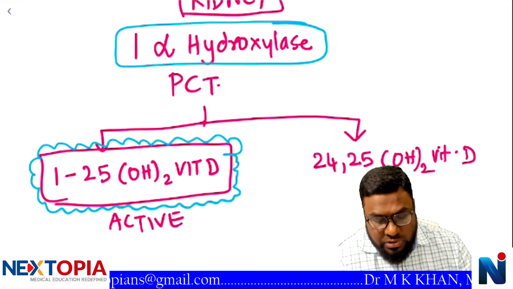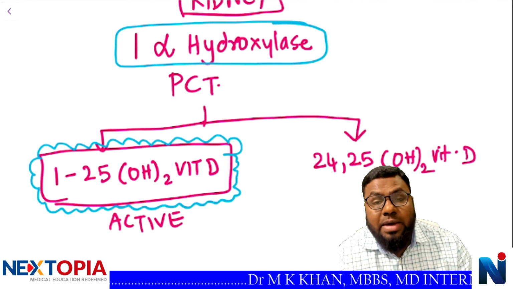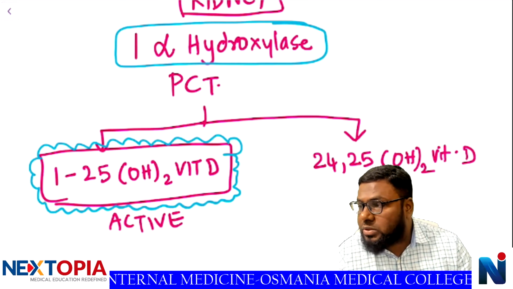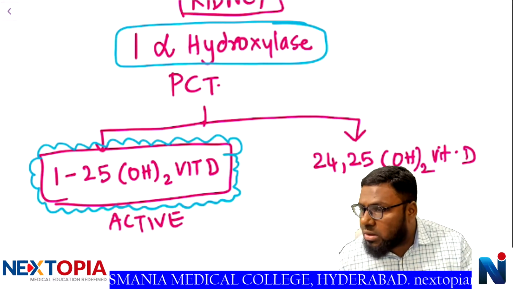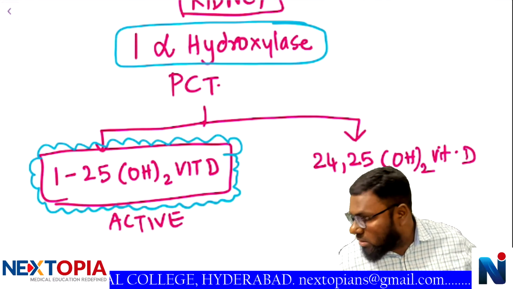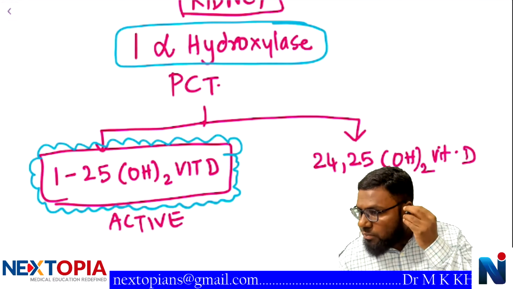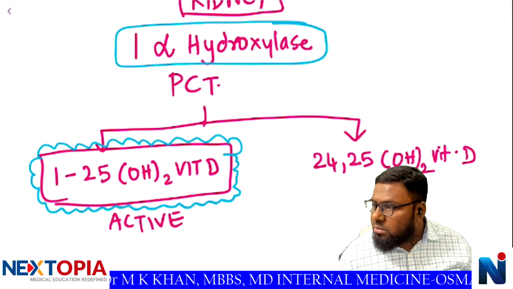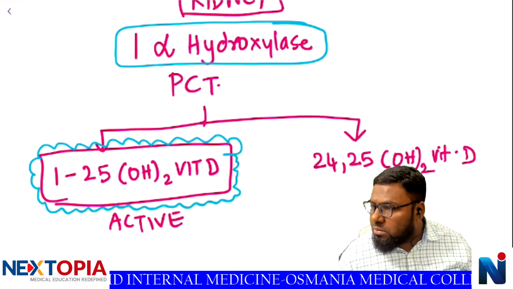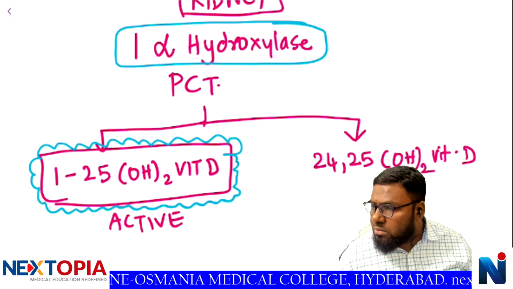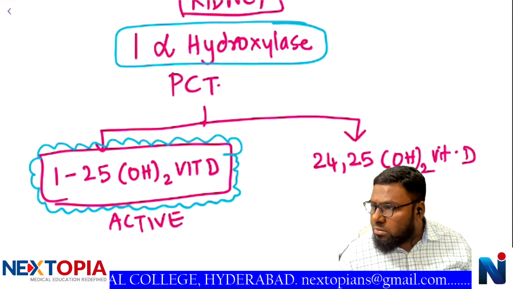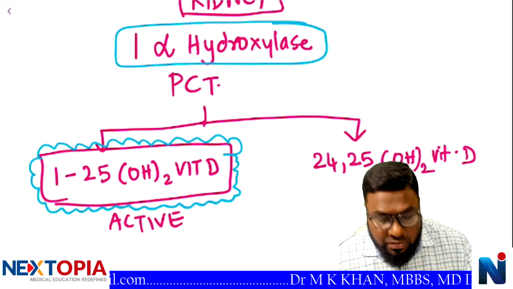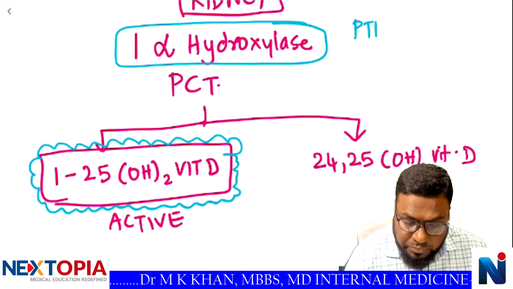Enzyme activity is controlled by parathormone. So activity of 1-alpha-hydroxylase is controlled by the parathormone.